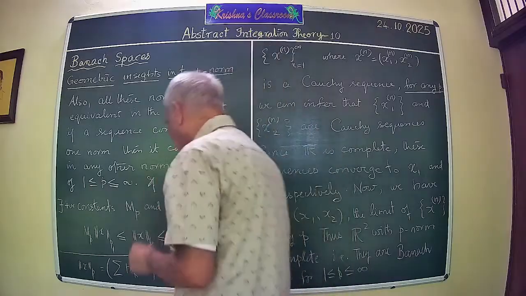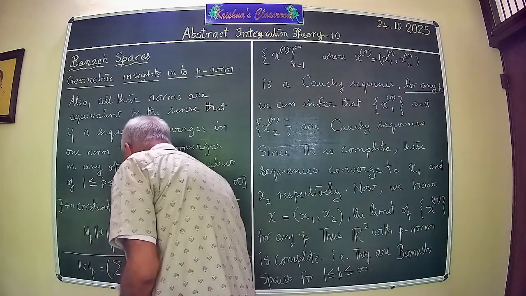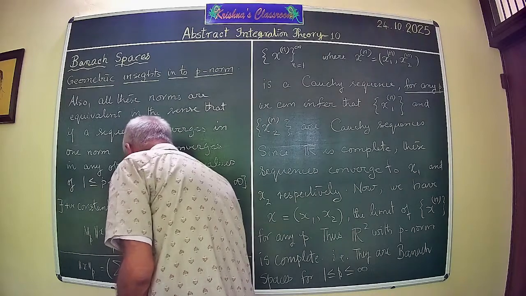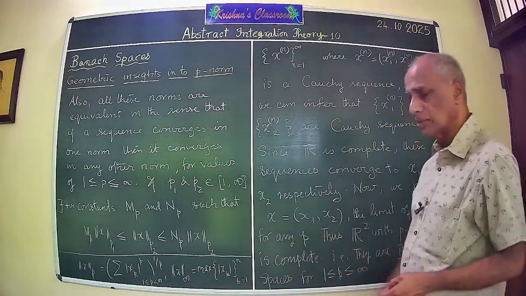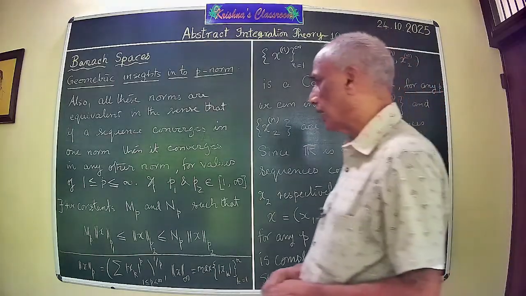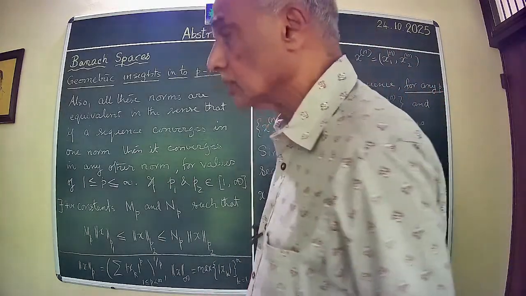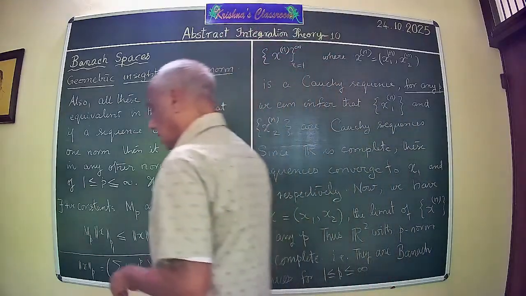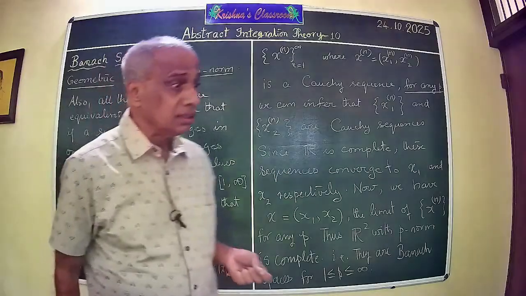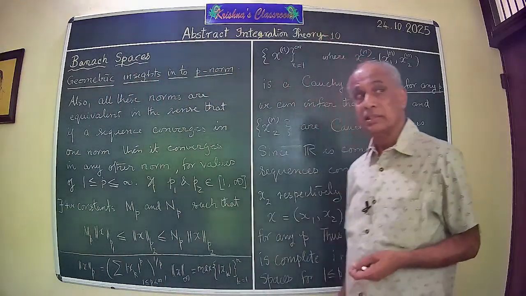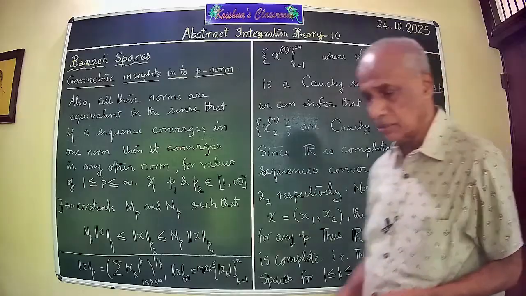So this is for 1 less than or equal to p less than infinity, and this is the one for p equal to infinity. That is something which you can use and show that all these statements are equally well valid. So Rn with these norms are all complete normed linear spaces, and therefore they are Banach spaces.